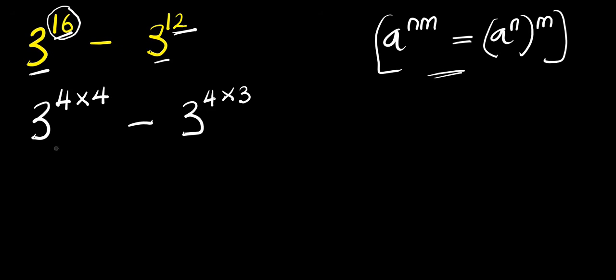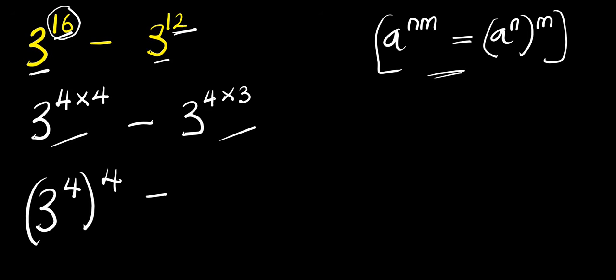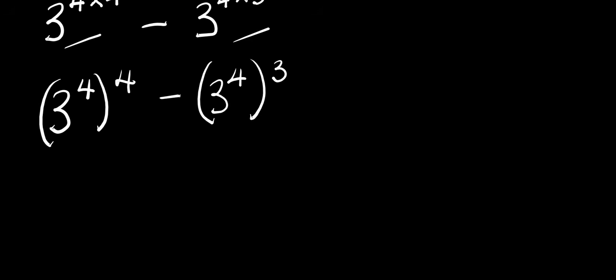Applying this right here and here, I have 3 power 4 raised to the power of 4 minus 3 power 4 raised to the power of 3. So from here, I have 3 power 4 equals 3 times 3 times 3 times 3.